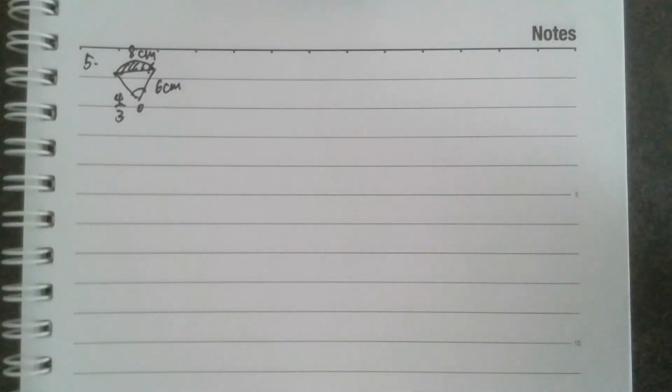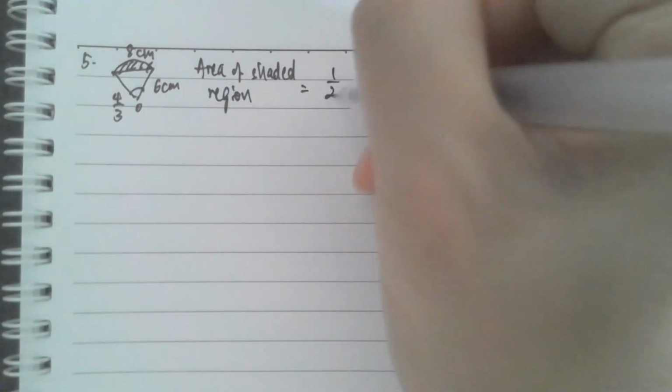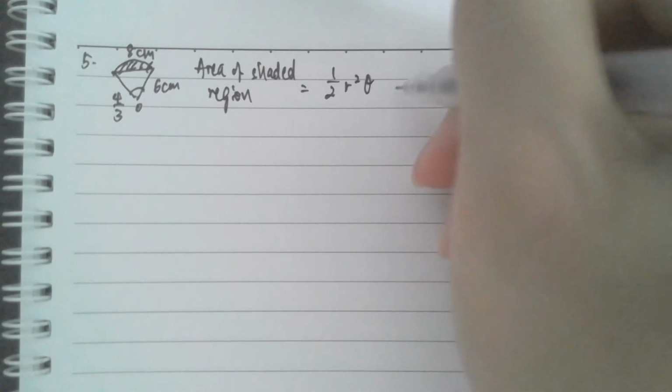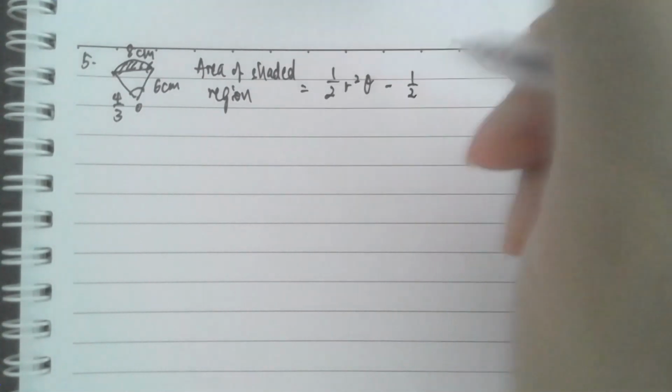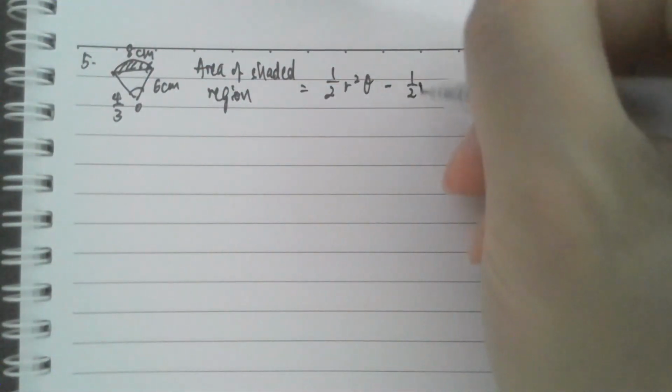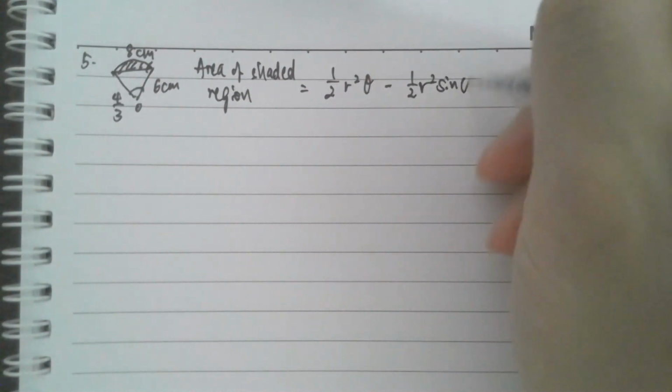So this is question 5. The area of the shaded region is essentially the area of the sector, using the formula half r squared theta, subtract the area of the triangle, half r squared sine theta.